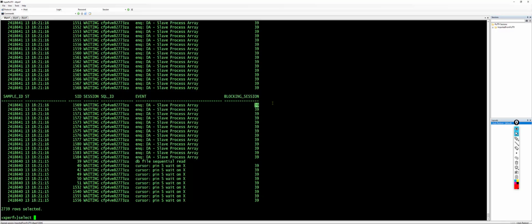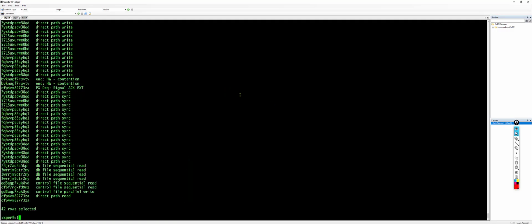You can also substitute the blocking session ID and get the blocking session information from DBA hist active session history, where session ID is equal to this 39.